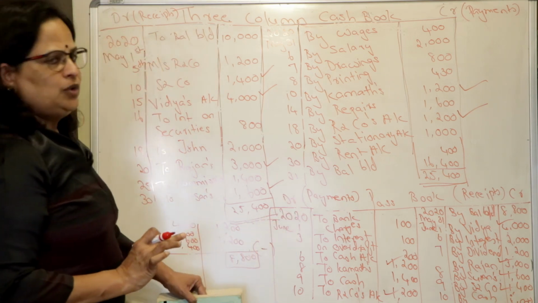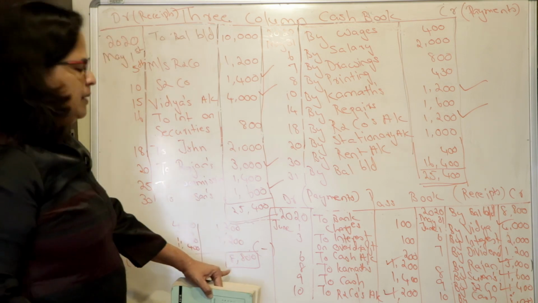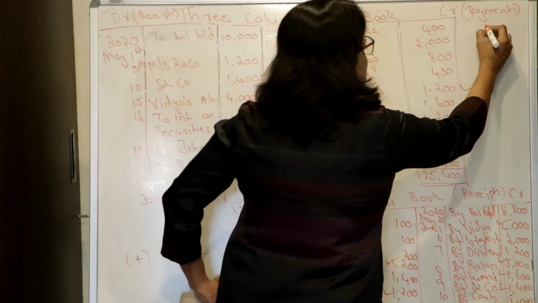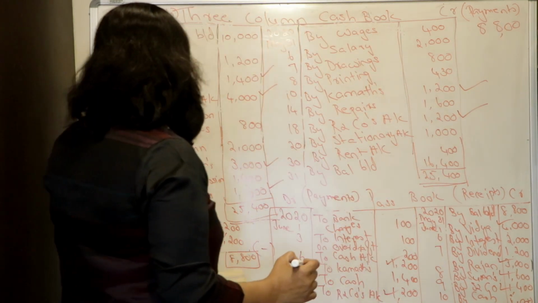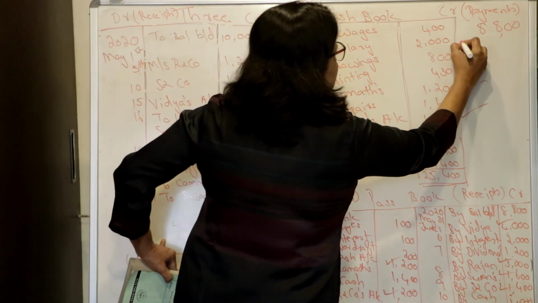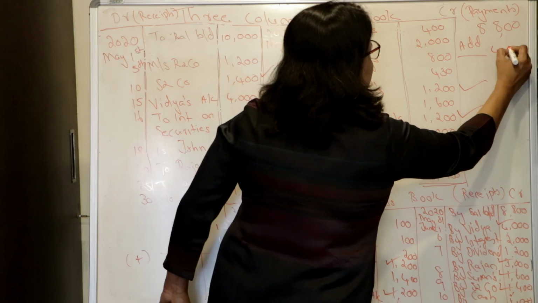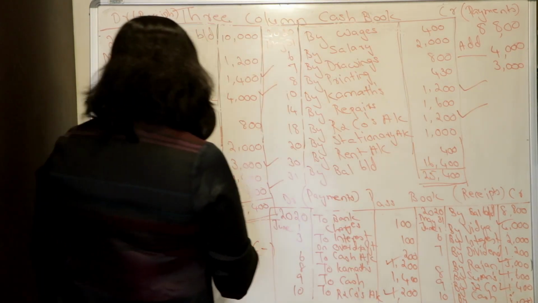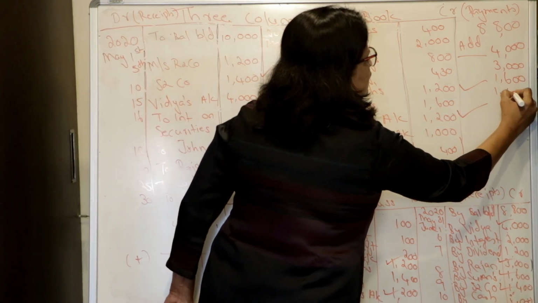Now if you do the BRS, bank reconciliation statement, we are starting from the passbook balance and we are arriving at the cash book balance. So 8,800 is the value we are starting with. Add these values: 4,000, 3,000, 1,600, 1,400.